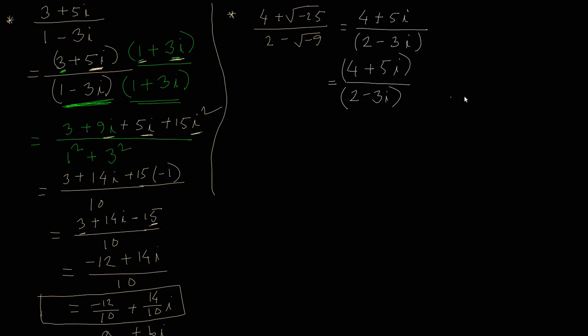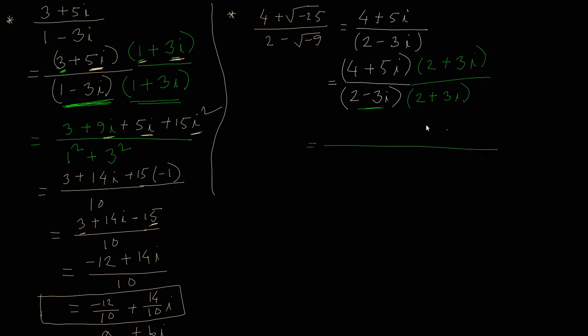To make my denominator a real number, I am going to multiply the denominator by its conjugate. Its conjugate is 2 plus 3i, and of course I am going to multiply the numerator by 2 plus 3i also. Now let's multiply.